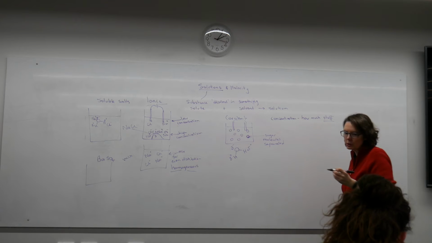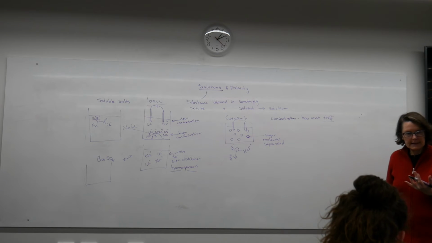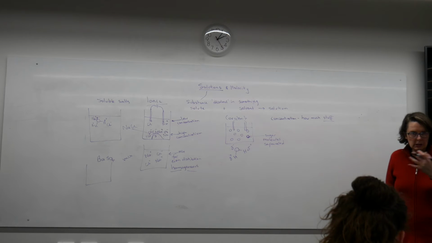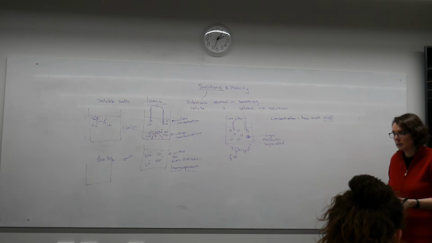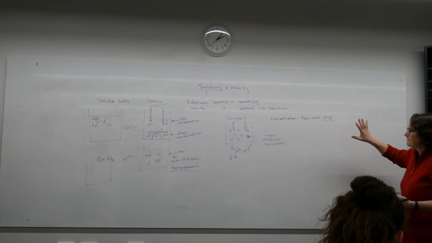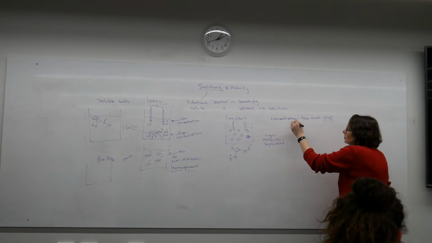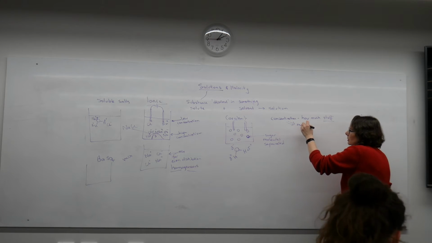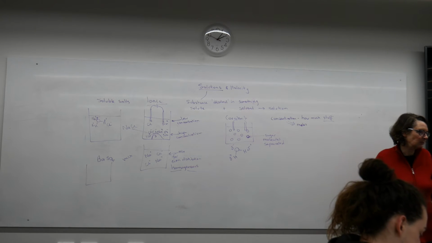Stuff is a highly technical term, but we can use it because it's a quantity of stuff. If I have a lot of stuff, it's going to be a high concentration. If I don't have much stuff, it's going to be a low concentration, and it could be anything. So it's all about quantities, and it's therefore related to moles, because moles is also about how much stuff, isn't it?